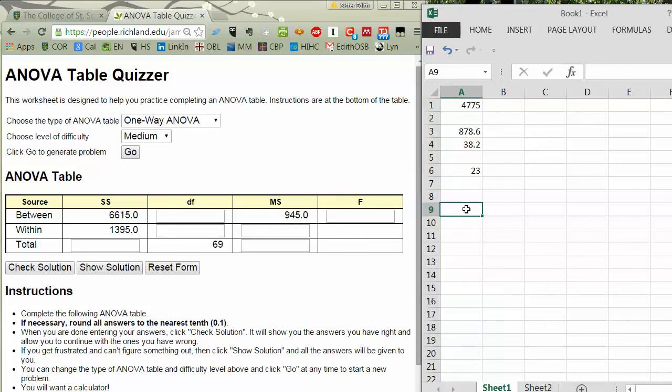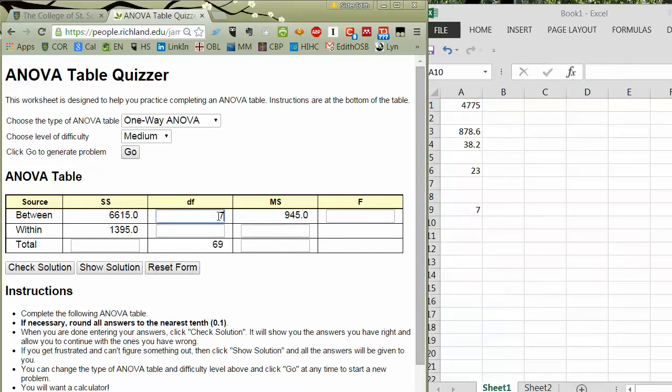Just so you can see what that looks like, I'll go ahead and do just one. I'd do equals 6615.0 divided by 945, and it gives me 7. I feel confident because degrees of freedom have to be integers, so I'd put that in there. Once I know that the degrees of freedom are 7, I can figure out that this one would be 62, and now it's back to being pretty much like the easier one. I divide across, I can add things up, and I would get my F ratio.